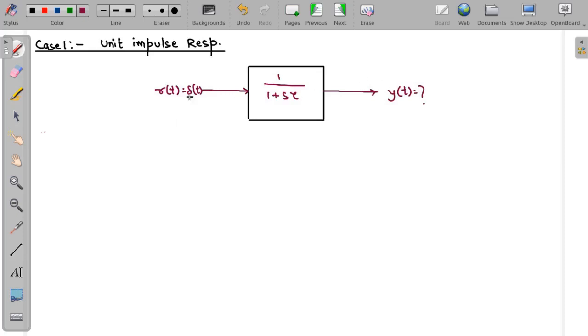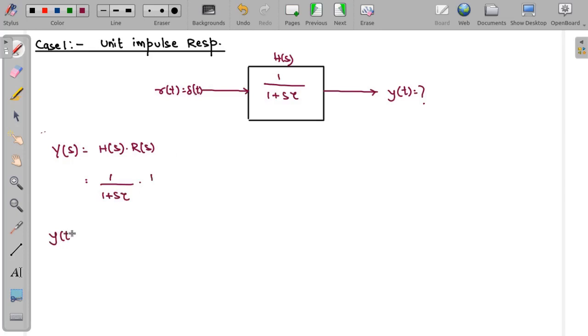Over here, Y(S) is equal to H(S) times R(S). Let me assume this is H(S), or you can even write T(S) also, whichever you want to write. You can see what we will be getting over here: 1 by 1 plus S tau into 1, because the Laplace transform of the impulse function is 1.